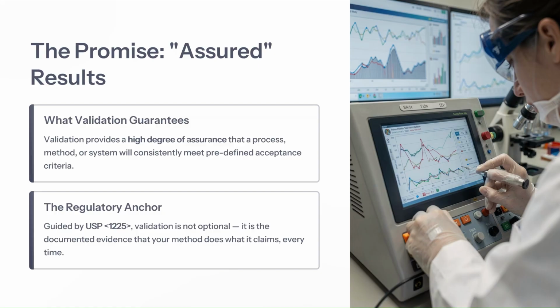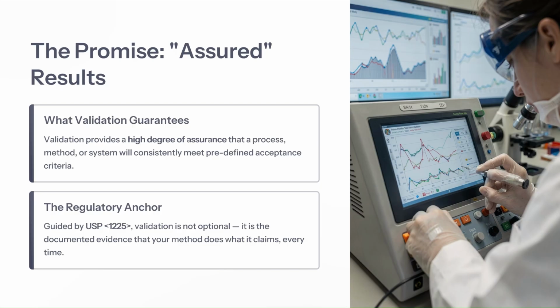Validation provides a high degree of assurance that a process, method, instrument, or system consistently produces results that meet predefined acceptance criteria. In simple words, validation answers the question: can this method consistently do what it is supposed to do? Validation is not based on assumptions. It requires documented evidence generated through planned studies and scientific evaluation.